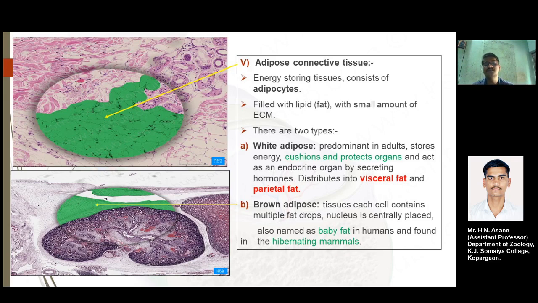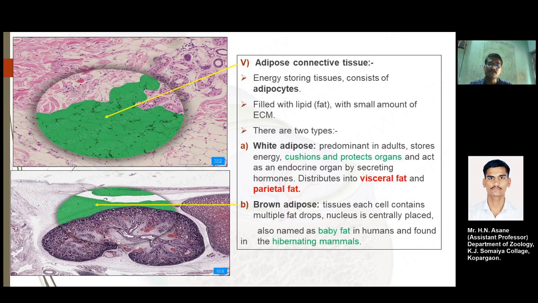The visceral fat is located on the organs, and the parietal fat is your subcutaneous fat. So these are the two types of white adipose tissue, the visceral fat and the parietal fat.